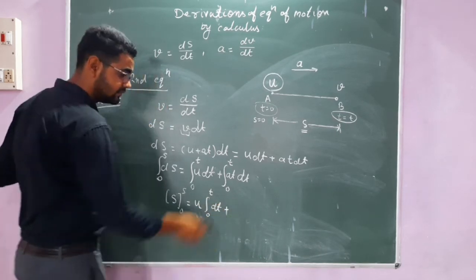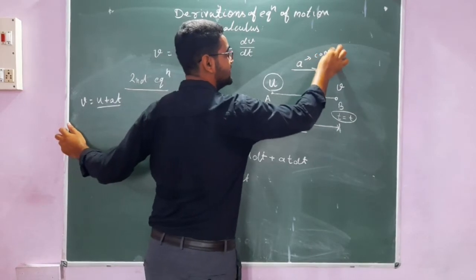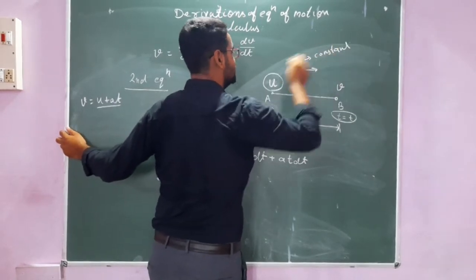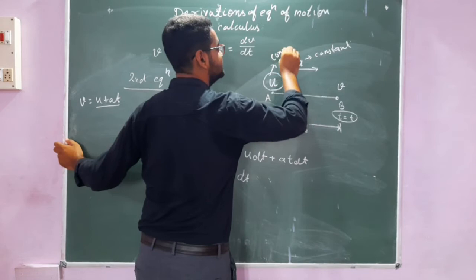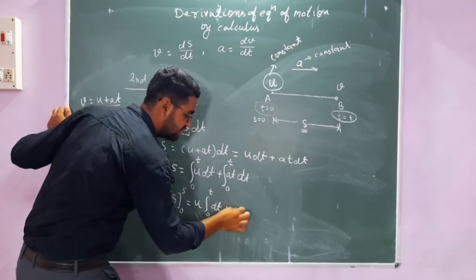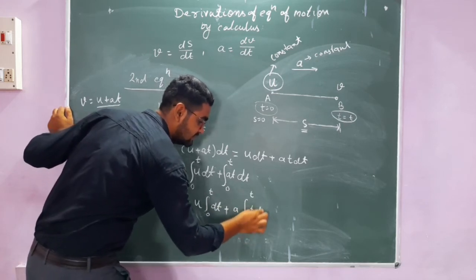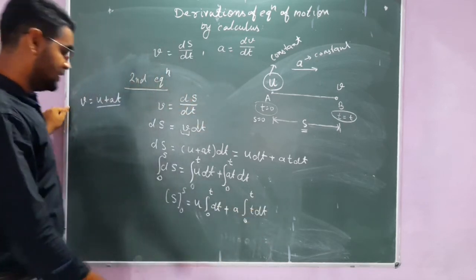Here a is the acceleration, that is also constant, u is also constant, then this will also be away from the integration, then this will be integration 0 to t dt.